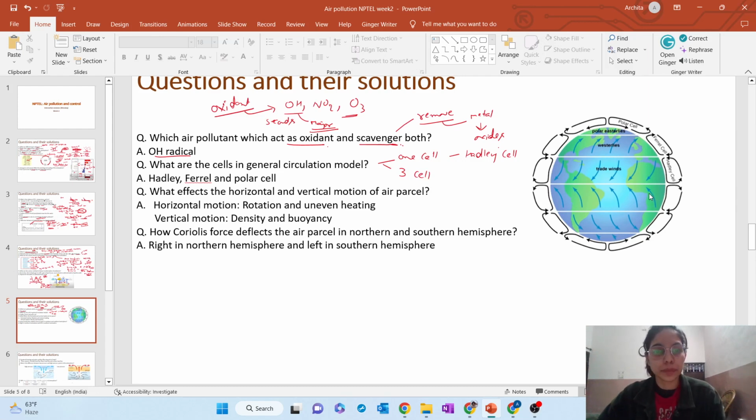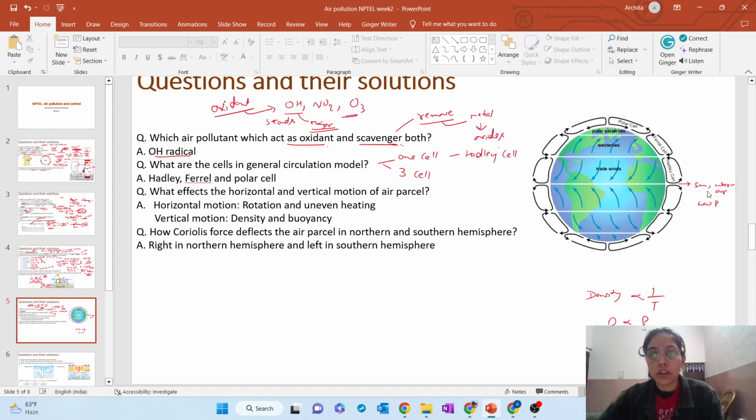This one cell model is simple. What it says is that in the equator region, because the equator is nearest to the sun, the air is warm. Warm air means low density and hence low pressure. We know that density is inversely proportional to temperature and directly proportional to pressure.